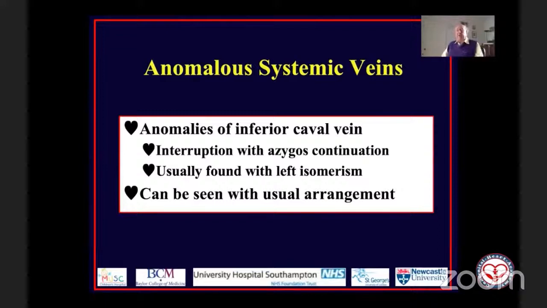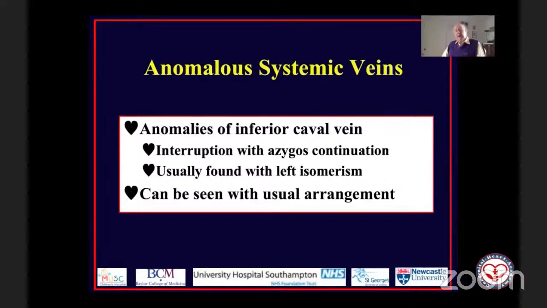This is the situation when the arrangement in the heart, however, is normal and there are no intracardiac anomalies. When there are intracardiac anomalies, then almost always, in my experience, azygous return of the inferior caval vein is associated with left isomerism. And that is what Diane's going to show you now.